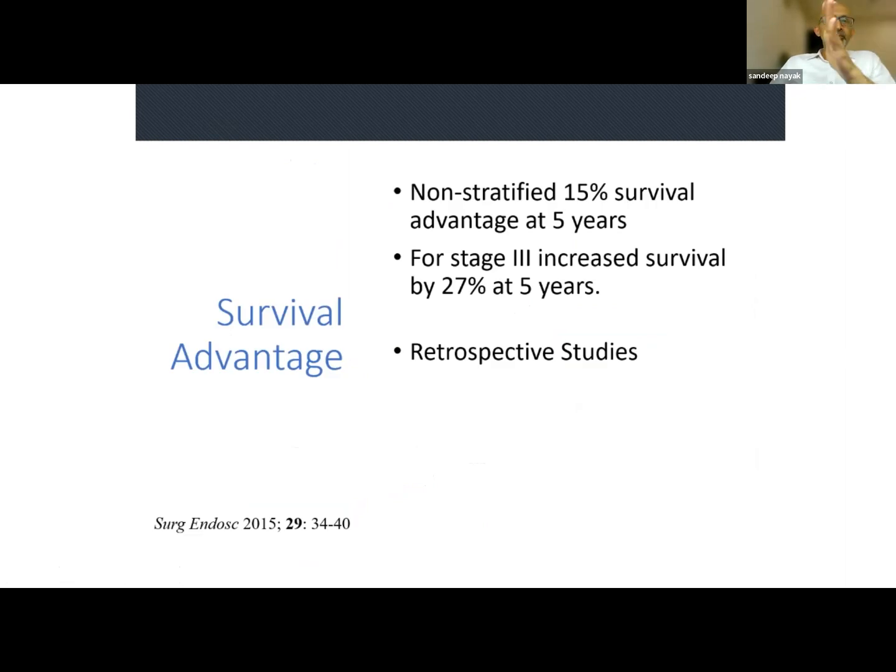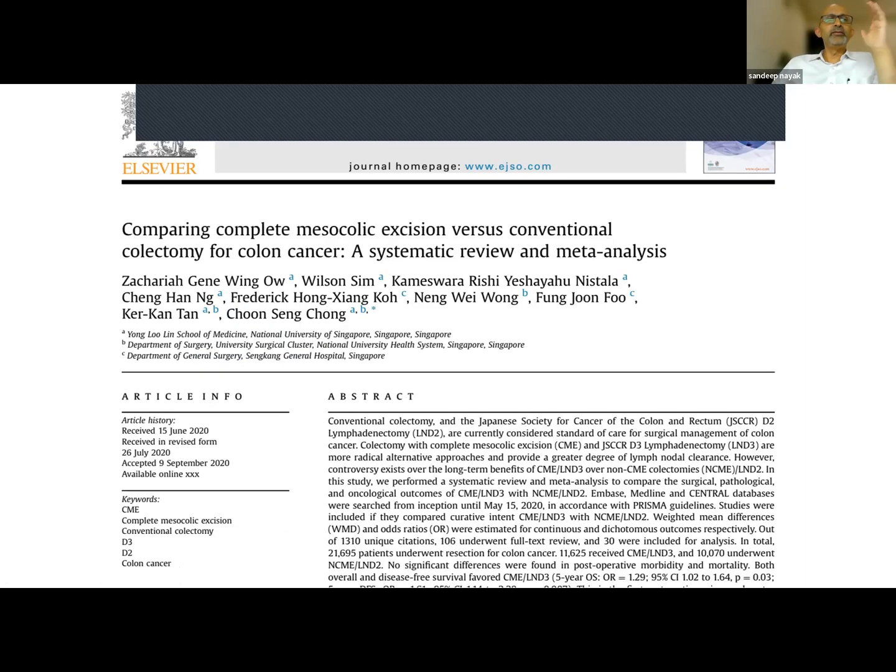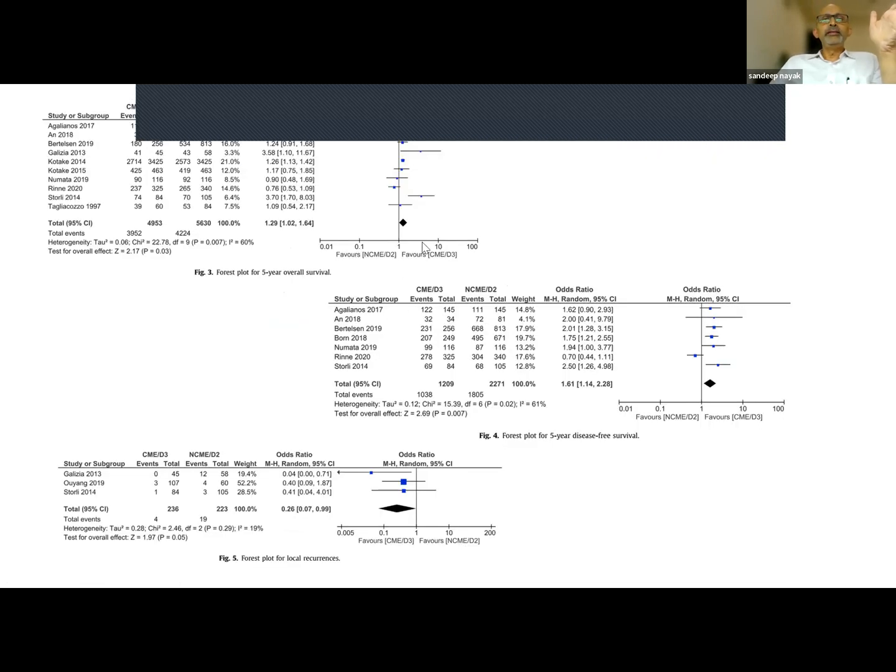Now, what is the evidence which we have for D3, or the extent of lymph node dissection that we need to do for right colon? We have some retrospective studies, but I would rather refer to a systematic review and meta-analysis, which I think was published in 2021, and is a good article wherein they have found that there is an advantage for doing a D3 lymph node dissection compared to D2.